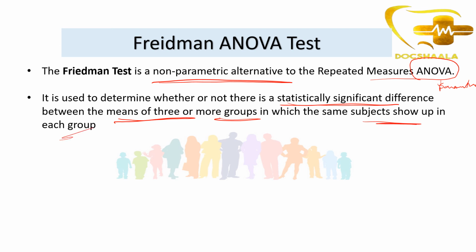So we have 1, 2, 3 groups, but we have the same subjects, meaning the same people, and we take means of all the 3. Whether there is significance or not, we will see based upon the change in means, the difference in means.